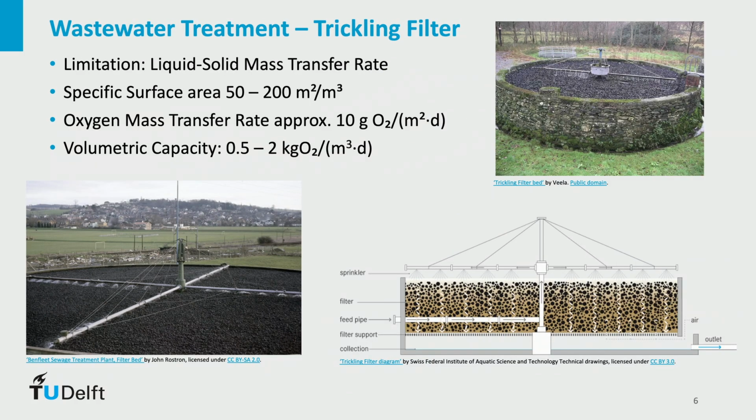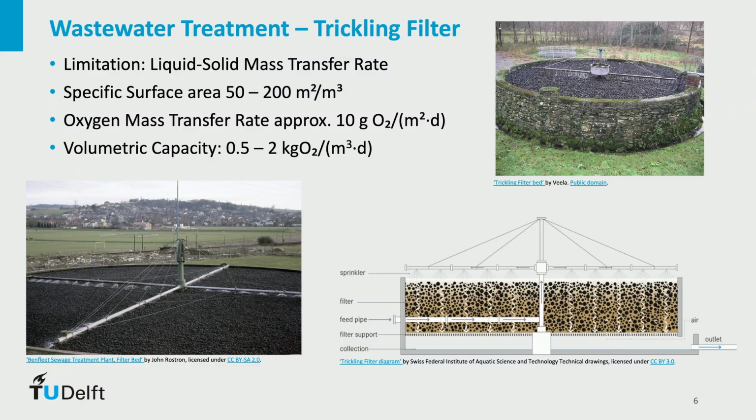One of the oldest and simplest biofilm systems is the trickling filter. Here wastewater is sprayed over a solid medium like rocks or modern plastic media, where bacteria grow as a biofilm. This setup allows high biomass concentrations, but its capacity is finally limited by the biofilm surface area.